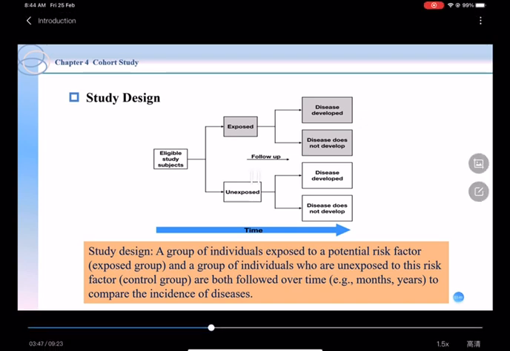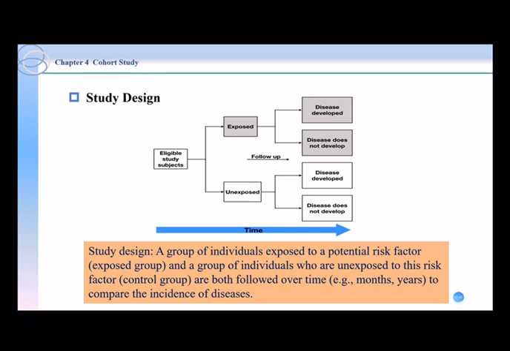The cohort study first classifies the population into two groups at the beginning, the start point of the study. The population is classified as either exposed to some certain risk factors, or any factors that we are interested in studying, or the unexposed group.